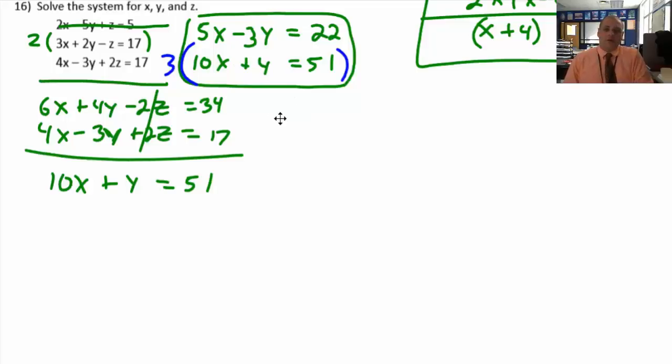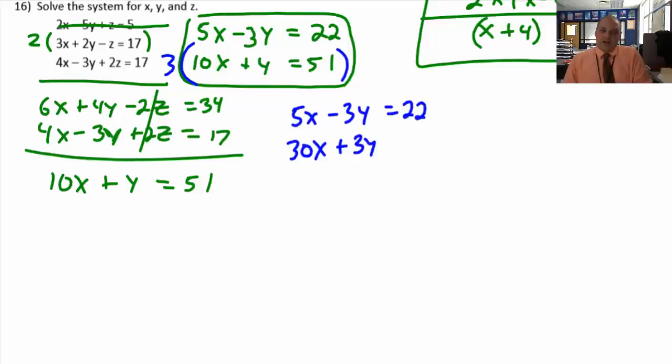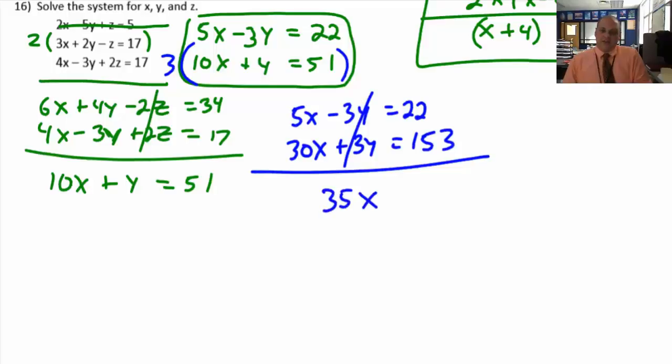Maybe it took longer. All right, so I have 5x minus 3y equals 22. And I now have 30x plus 3y equals 153. And now my y's drop out, giving me 35x equals 175.